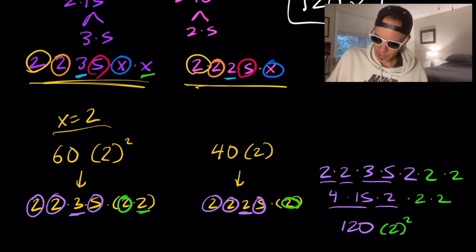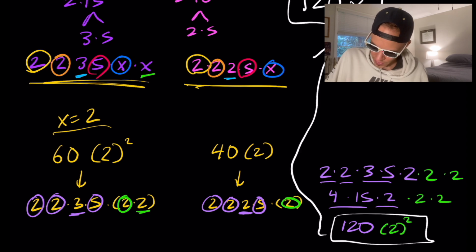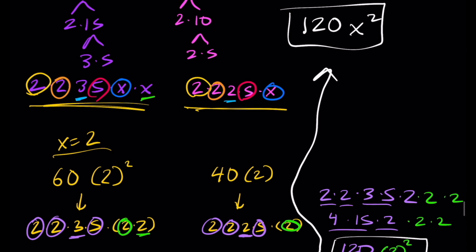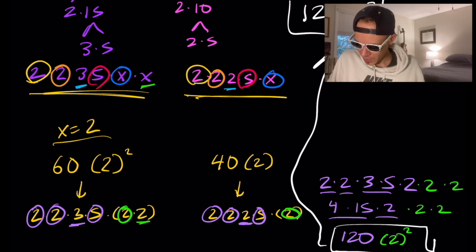The reason is that this sure looks a lot like 120x squared, the answer we got before when we were working with the variable. So you can, of course, multiply that 2 squared out, get 4 times 120 is 480, and you'll have an actual number for your LCM.